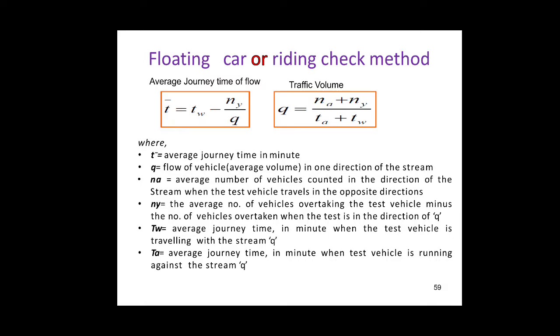That means whatever is the direction of the stream that we are considering, that has to be subtracted. TW is the average journey time in minutes when the test vehicle is traveling with the stream Q, and TA is the average journey time in minutes when the test vehicle is running against the stream Q.